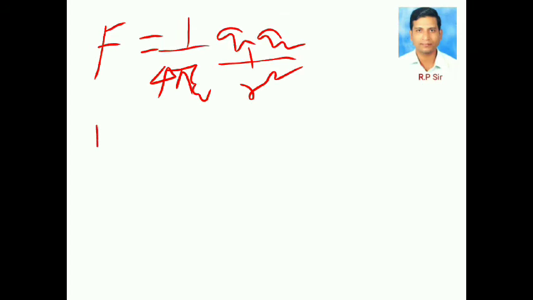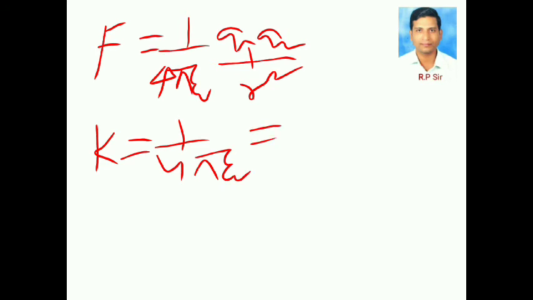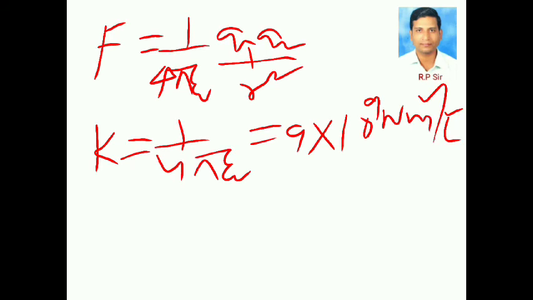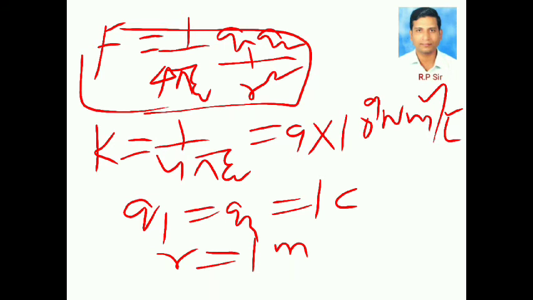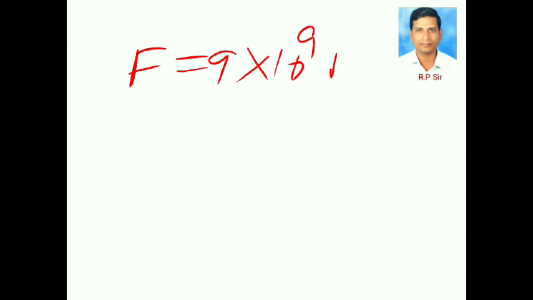Keeping K equal to 1 by 4 pi epsilon naught, which is equal to 9 into 10 power 9 Newton meter square per coulomb square, and Q1 equal to Q2 equal to 1 coulomb, and r equal to 1 meter in the above equation, we get F is equal to 9 into 10 power 9 newtons.